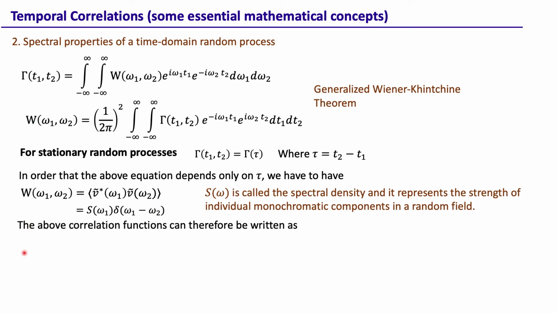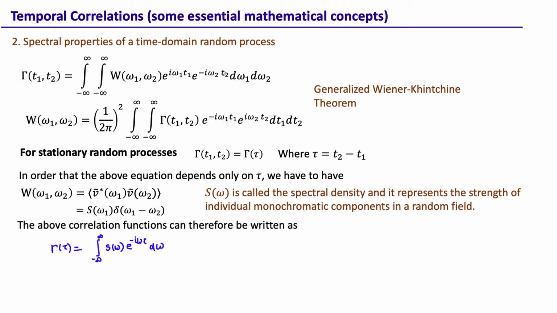What we end up with on the left hand side is gamma of tau, and one integral goes away, so it's just a single integral from minus infinity to infinity of S of omega, e to the minus i omega tau, d omega. So for the stationary random process the integral becomes just this.